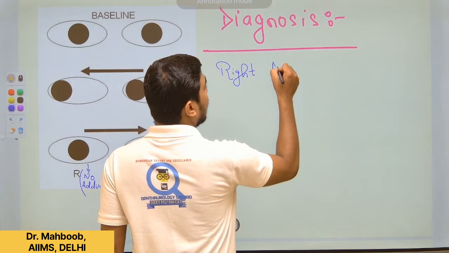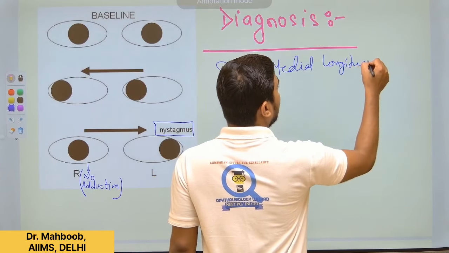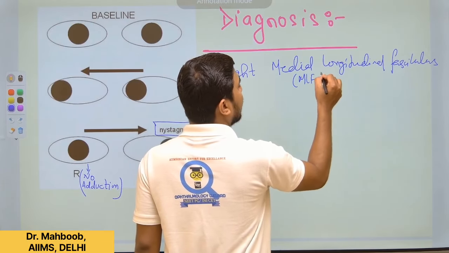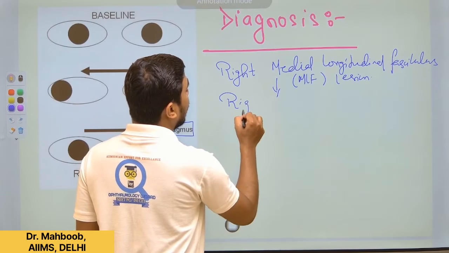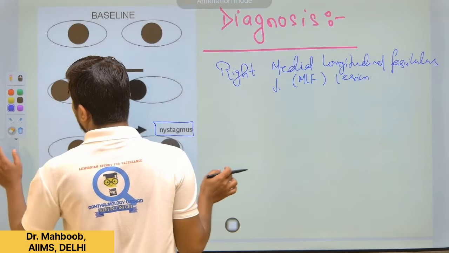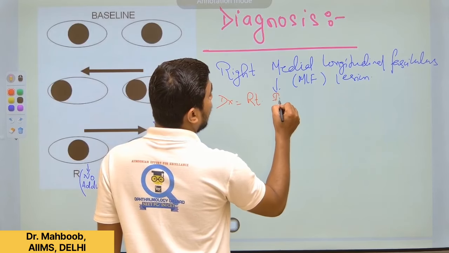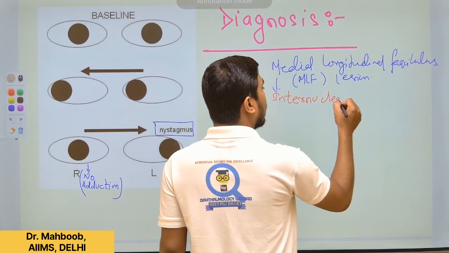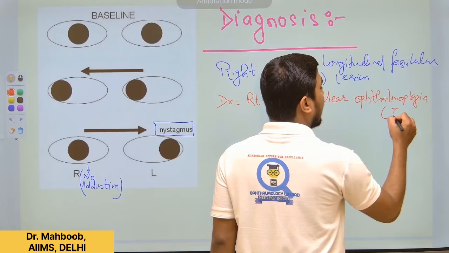That means a right medial longitudinal fasciculus, MLF, lesion is there, and it is leading to the diagnosis of right internuclear ophthalmoplegia, or INO.